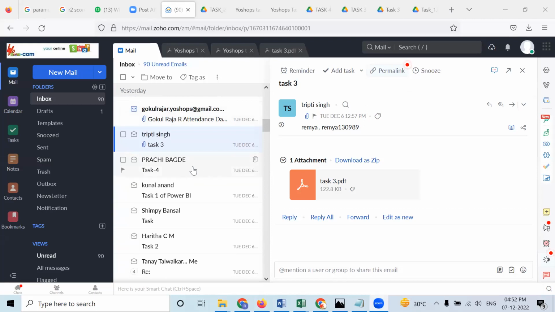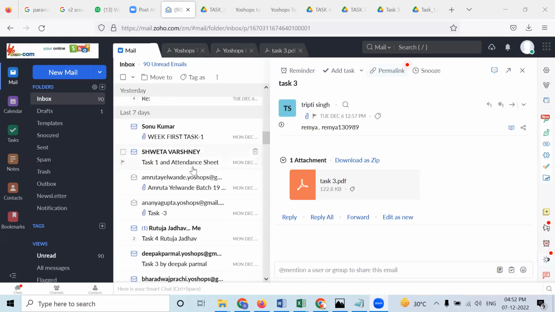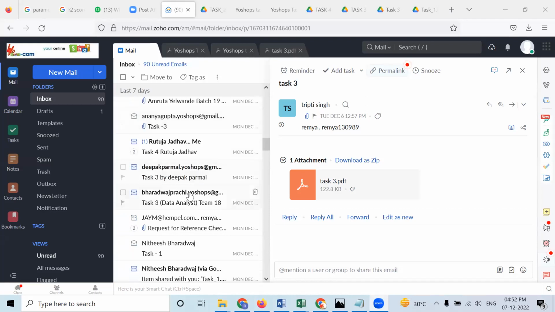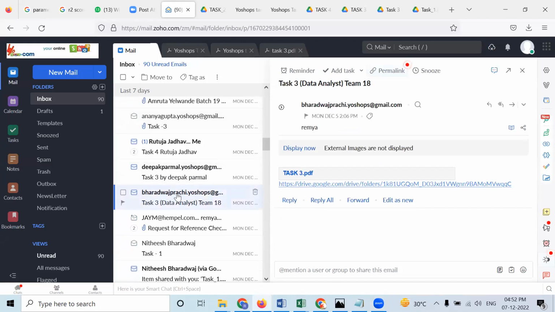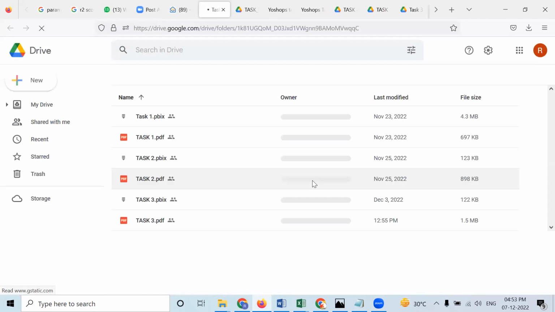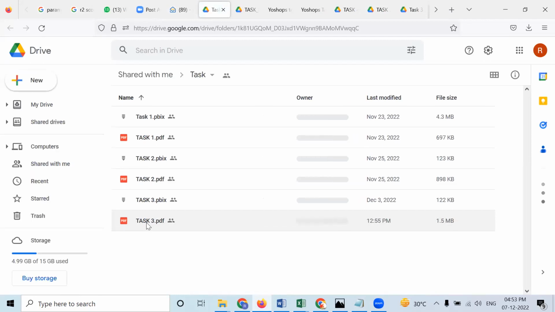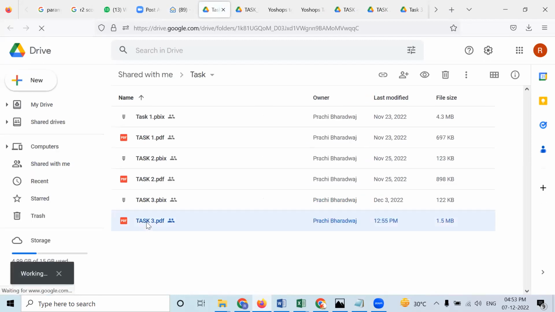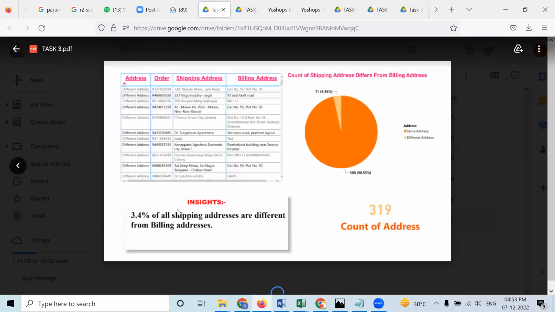Prachi Bagde is there, and your name is Prachi Bharatwaj, right? This particular task, now. Bharatwaj Prachi. Yeah, you have mentioned the order ID too, right? Okay.